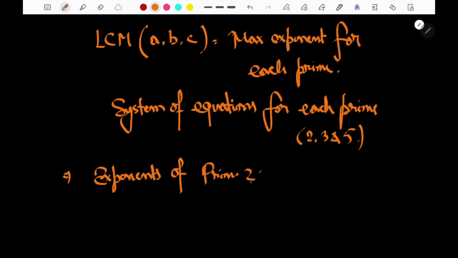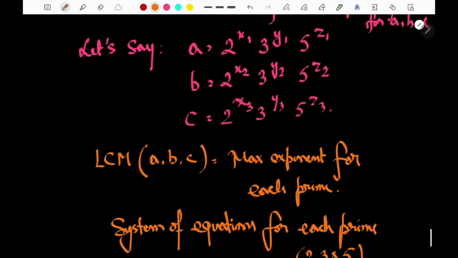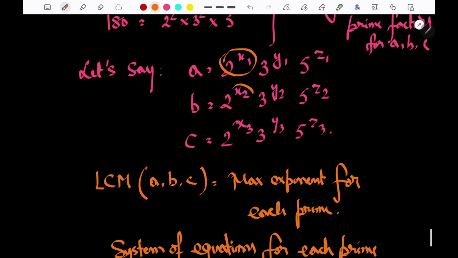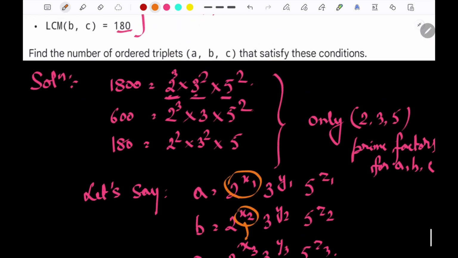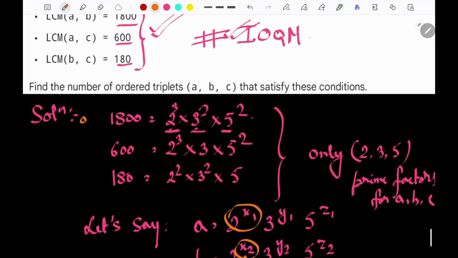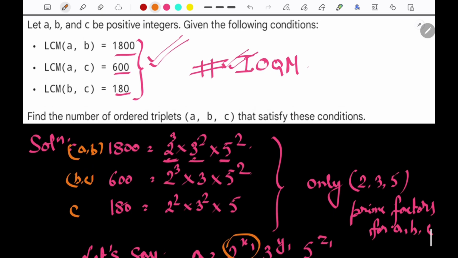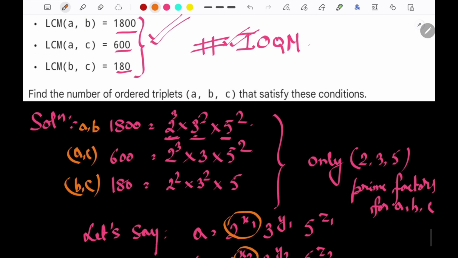First one is x1, x2, then x2, x3 and x1, x3. Why? This is LCM of A, B, this is LCM of A, C, and this will be LCM of B, C.